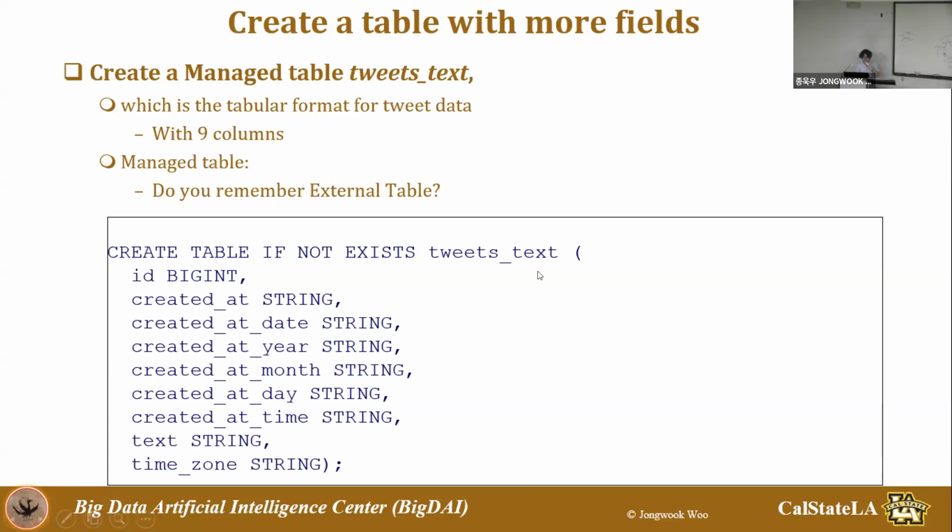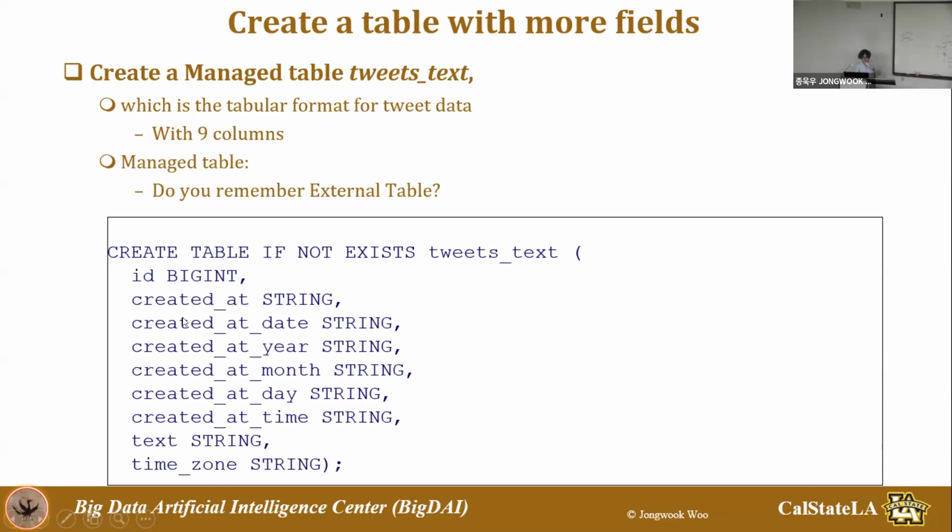Now you can create a second table that extracts each element from the first table. So you can create a table named Twitch text. This time you can specify the element that you can extract from the JSON table. I mean from the first table. So that is the ID of a tweet and created at date. The time when this tweet was created, that is created at.